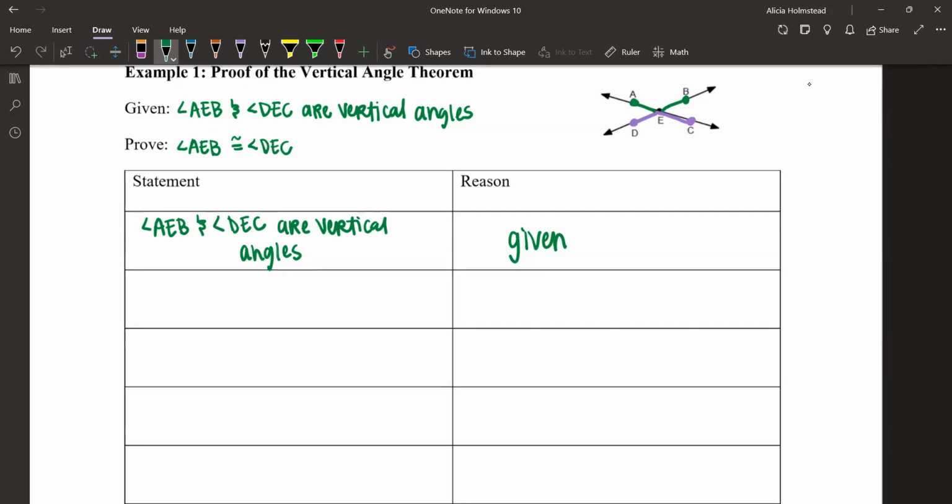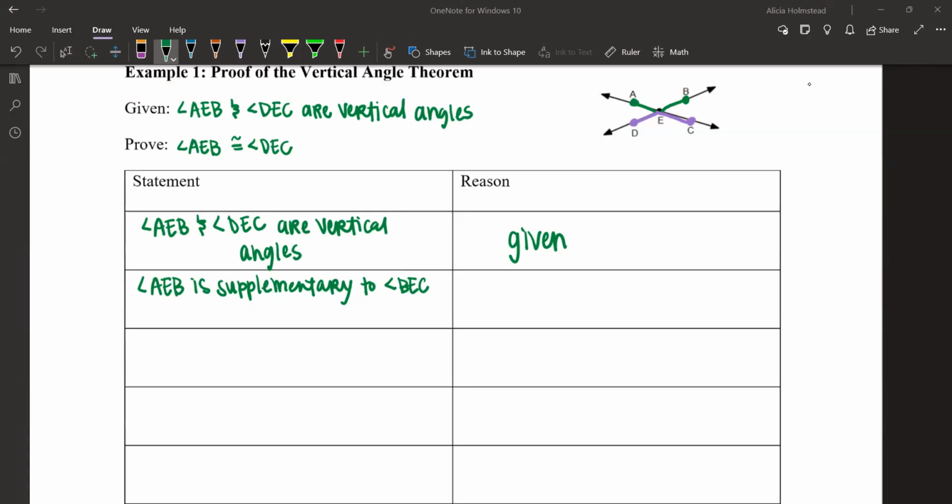And if we look up at our picture here, we can see that angle AEB is supplementary to angle BEC. Right? Because from C to A, that's 180 degrees.